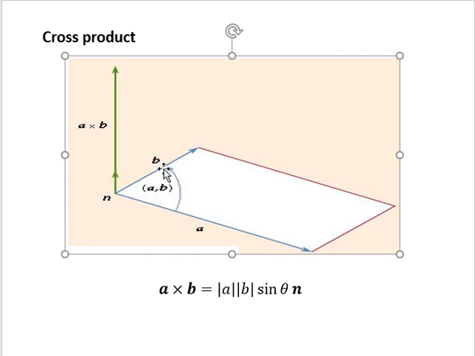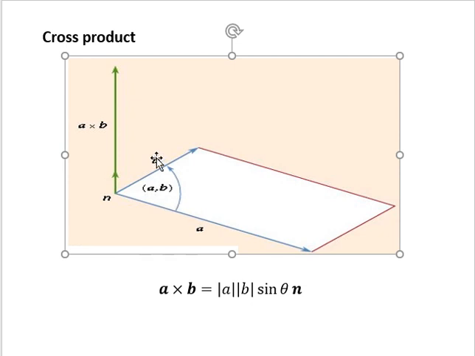We can consider opening the cap of a bottle in this direction, it will go upward. So from a to b, the resultant vector direction will be upward.